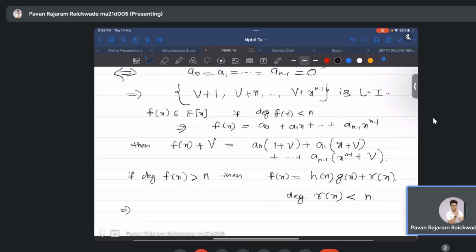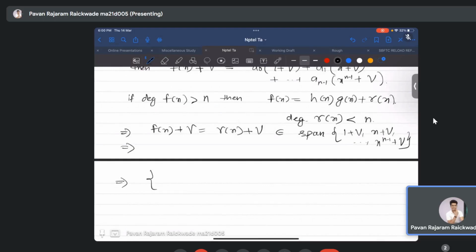But then what do you get? f(x) plus V is the same as r(x) plus V, right? And r(x) plus V belongs to the span of 1 plus V, x plus V, going on until x raised to n minus 1 plus V. That's all. That means for any f, f(x) plus V belongs to the span of these vectors, right?